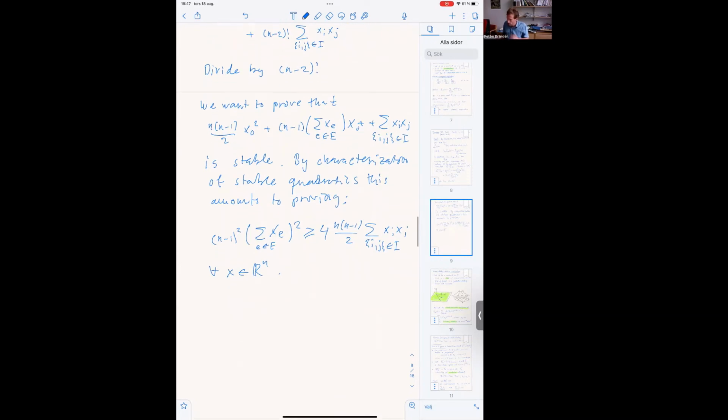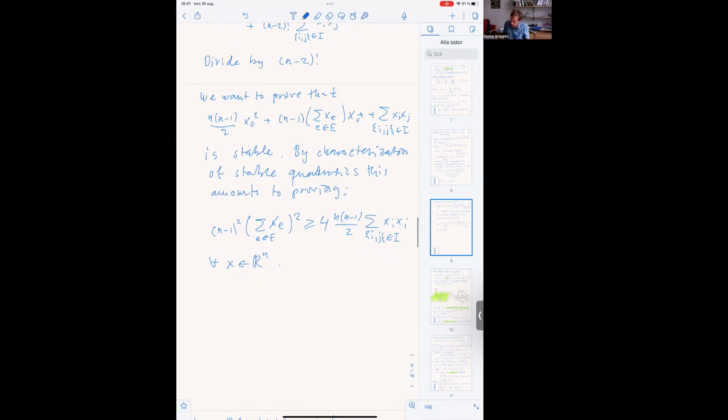Okay, so let us recall now that we have a rank 2 matroid, and we have these parallel classes.